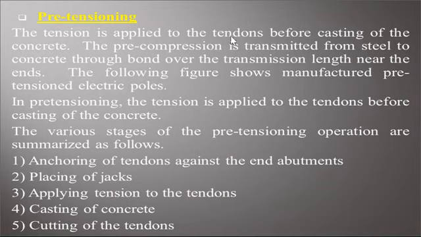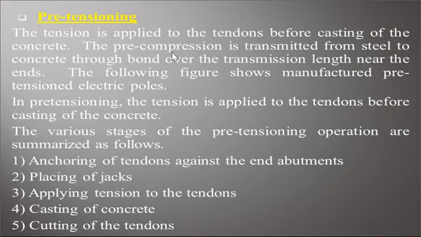Now, as I told you, actually there are two main classifications or types. First is the pre-tensioning and second is the post-tensioning, and depending on the different members, we have used external prestressing, internal prestressing, circular prestressing, like that. Now, what is pre-tensioning? The tension is applied to the tendon before casting of the concrete.